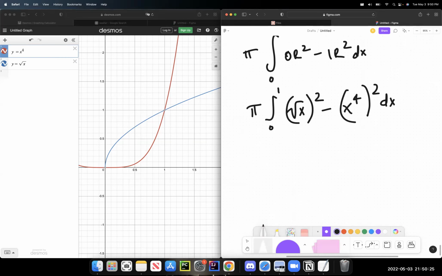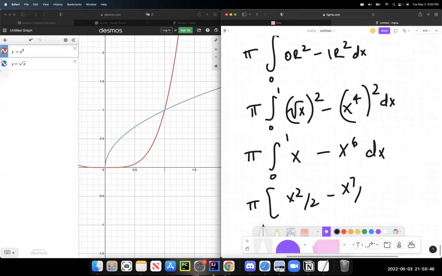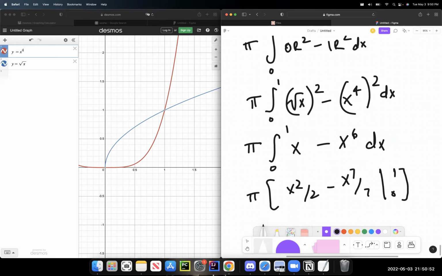And we would solve this, and so this is pi, and then these would sort of cancel out. You're simplifying the integral. This is going to be x minus x to the sixth dx, and then you can go through and solve this integral. We would have pi from 0 to 1 of x squared over 2 minus x to the seventh over 7, evaluated on the bounds 0 to 1, and that's the idea.